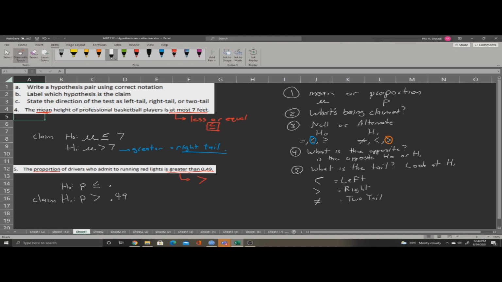We'll use the same symbol and the same number, and so P is less than or equal to 0.49. Now, let's find out what tail it is. The alternate hypothesis says greater. Therefore, we'll say this is also right tail.